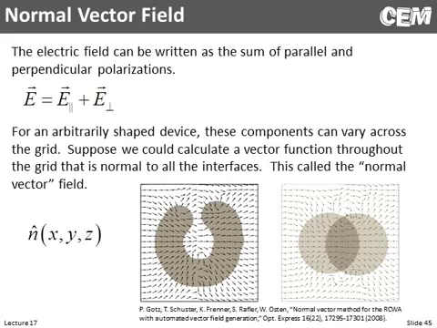That's not easy to calculate. Sometimes we can do what is essentially an electrostatic model, and fields tend to be normal to interfaces there. There's some other techniques for doing that. I don't want to go down the road of teaching that, but I did reference one paper here that talks about that. But somehow we're going to come away with this normal vector field.